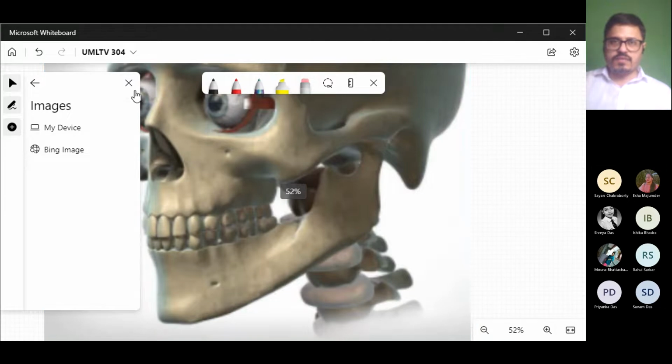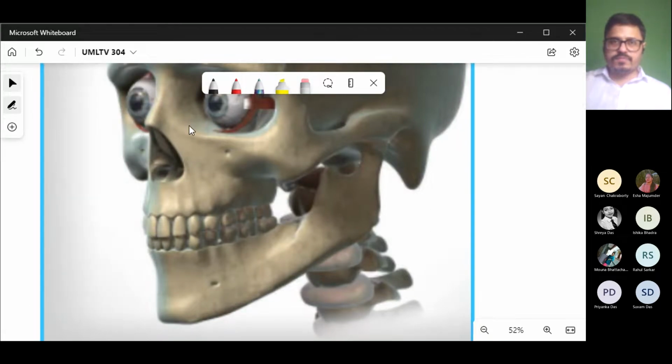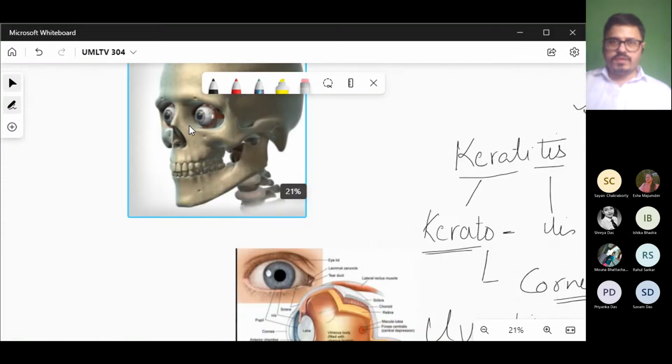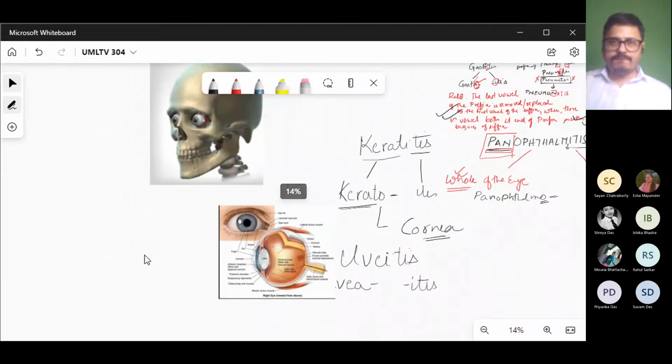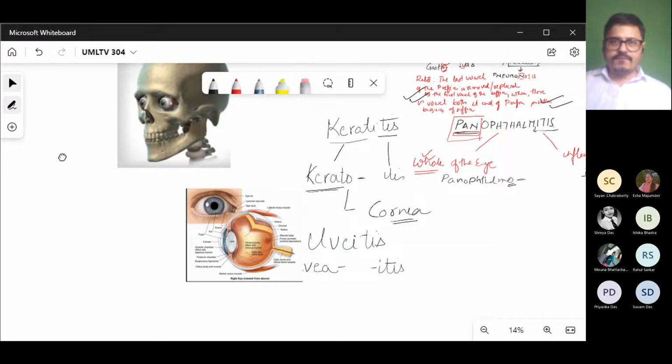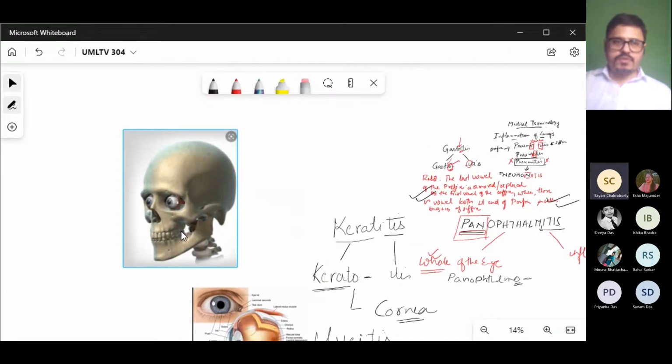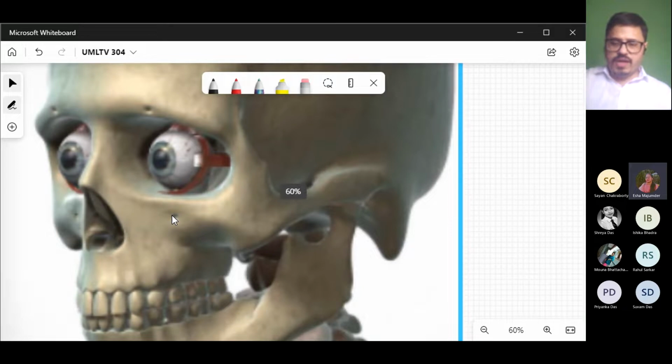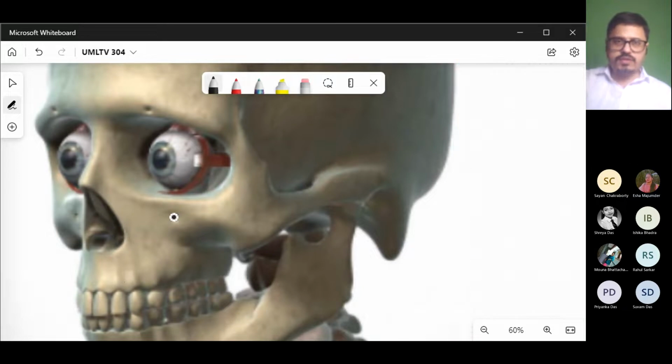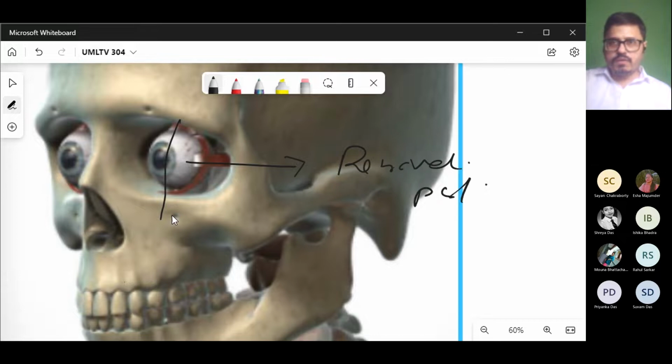Have a look at this again. Is the concept clear now? Hello, I need a response from you all. Now, if I section this eyeball, suppose with this black color, I'm trying to show you the lines of this section. If I section a ball, this part would be removed. So this is the removed part of the eyeball.